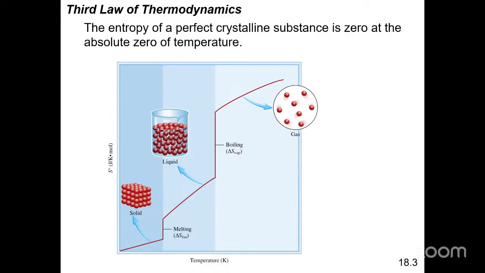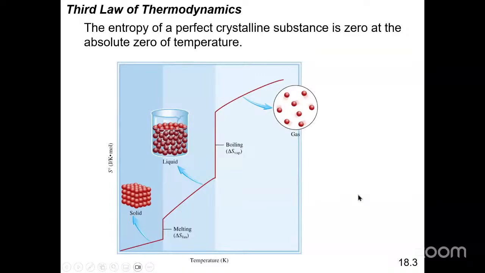So this concept of a perfect crystalline substance at 0 Kelvin is a purely theoretical concept which has not been proven or disproven yet. But basically, it's a prediction based on certain mathematical approaches that have been used to predict what would happen if you could achieve 0 Kelvin. All right.